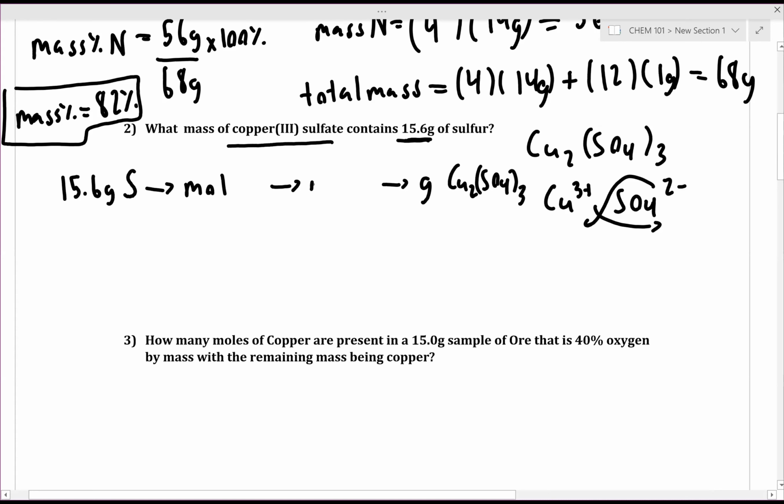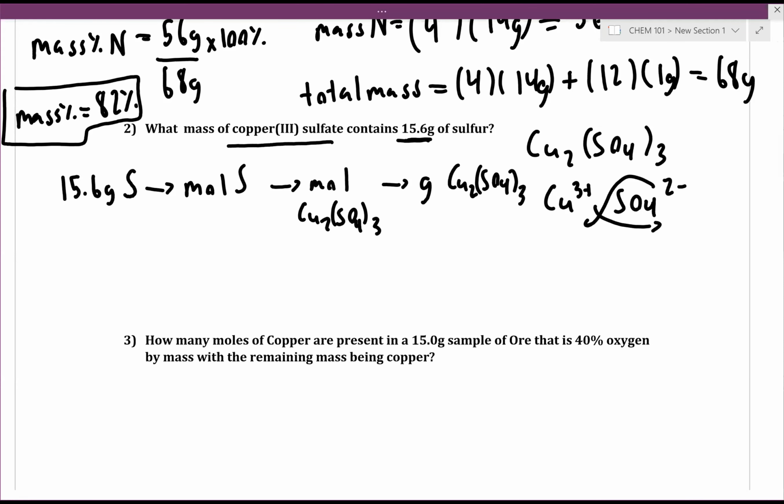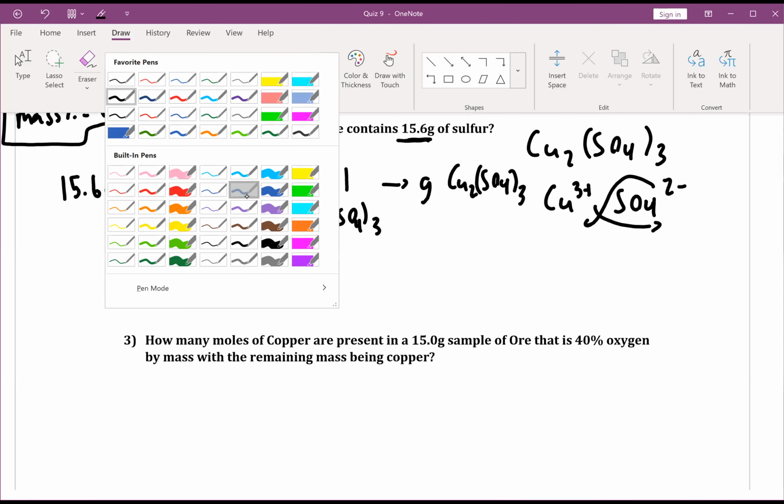Moles of what and moles of what? So we're going from grams of sulfur to moles of sulfur. And then from moles of sulfur, we're going to go to moles of copper sulfate. Yep. This is a classic relationship between the moles of an element and the moles of a compound, obtained using our formula ratio.